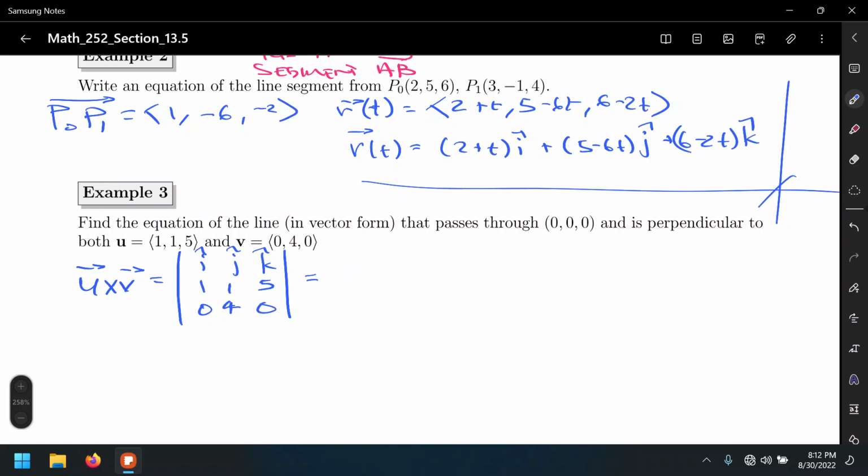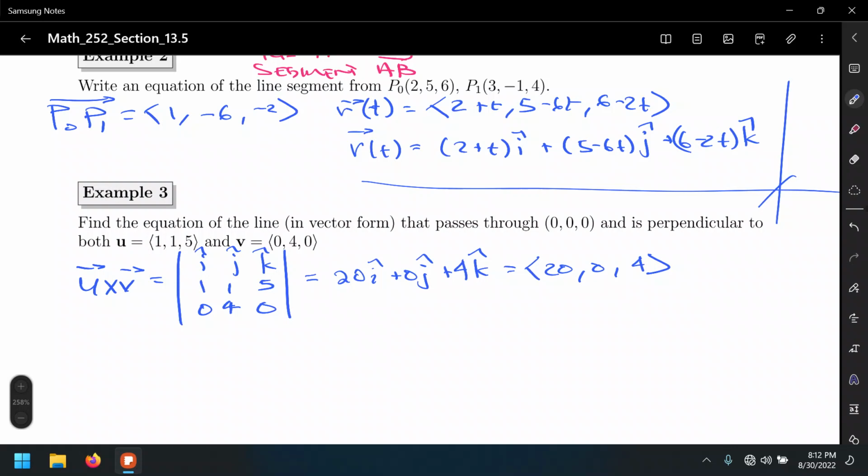After doing the cross product, that should give us 20i plus 0j plus 4k, which in component form is 20, 0, 4. All right? So now we got the vector that we were looking for, which is the vector perpendicular to the given vectors.